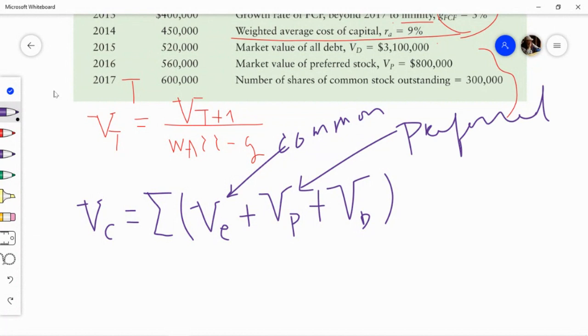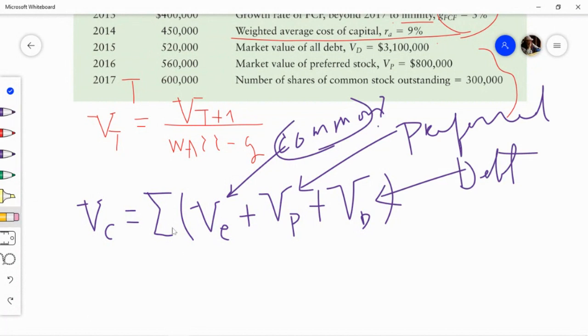This is a very kind example, easy and kind. They provided everything. But in a more complex example, it's not that easy, and you have to calculate all of them. So we don't have the value of the common stock yet, but we have the value of the preferred stock. We have the value of debt, right?